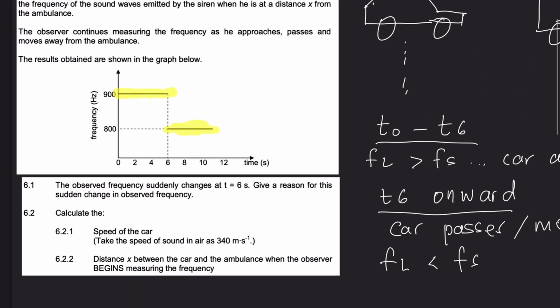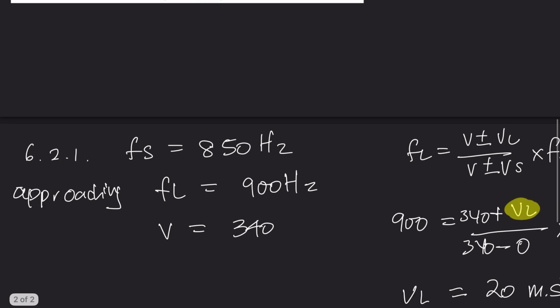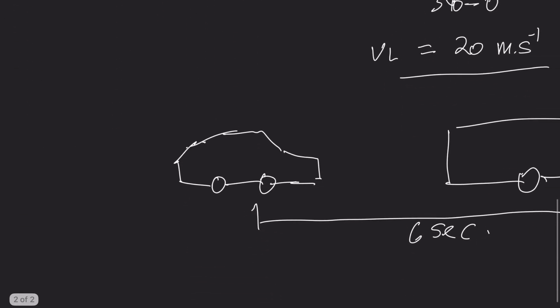Okay, we said this before, because it is at this point here, at 6 seconds, where the car reaches the ambulance. Because here is approaching it, and here is moving away from it. So at 6 seconds, he reaches it. So we know delta t is 6.